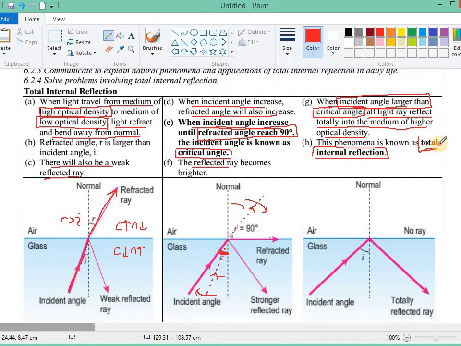You can see why it is called total internal reflection, because although glass is transparent and air is also transparent, when the light goes from glass into air, it doesn't go into air. Instead, it reflects at the boundary, totally going inside. You see, totally going inside here.